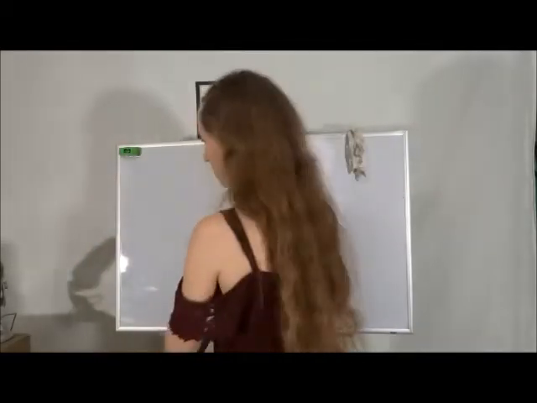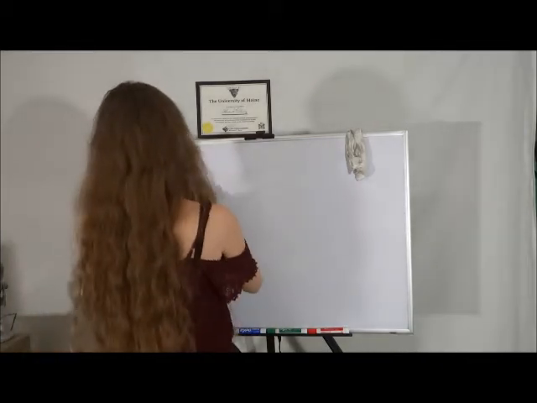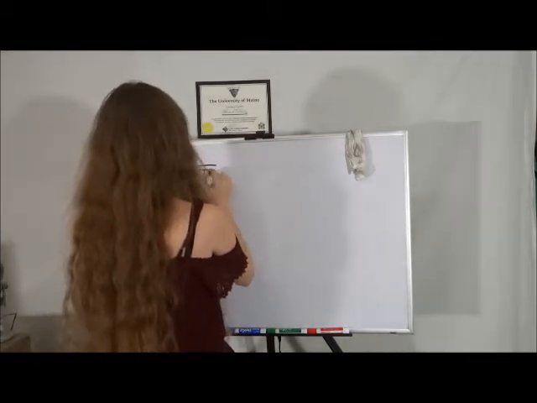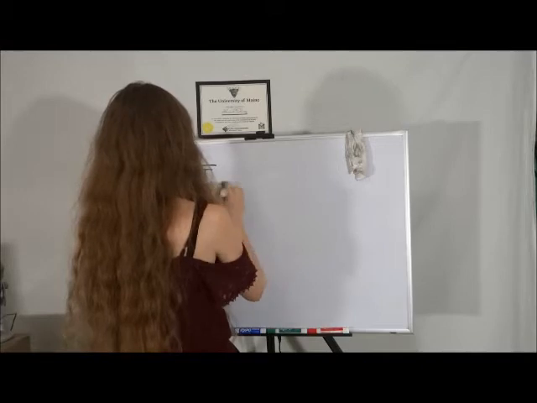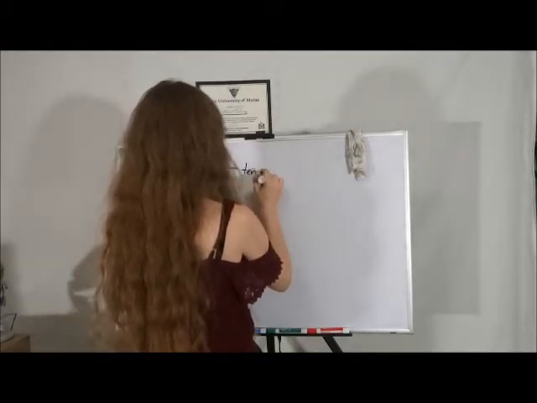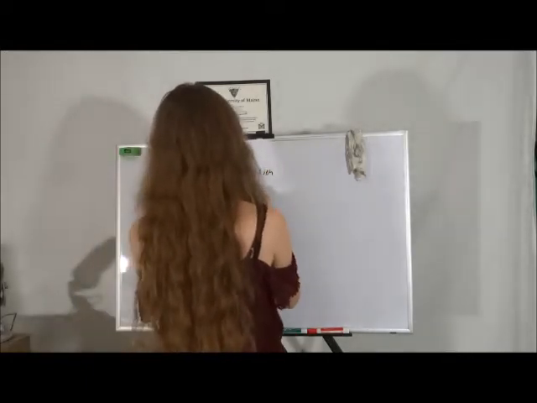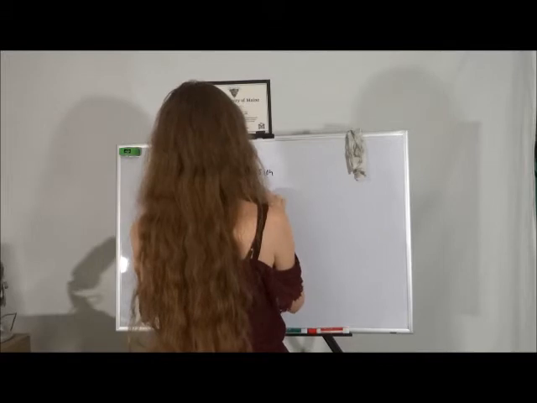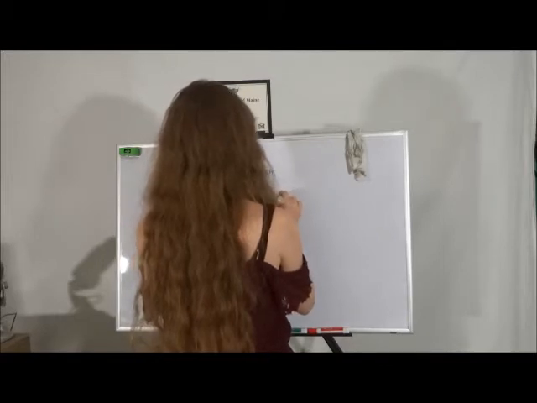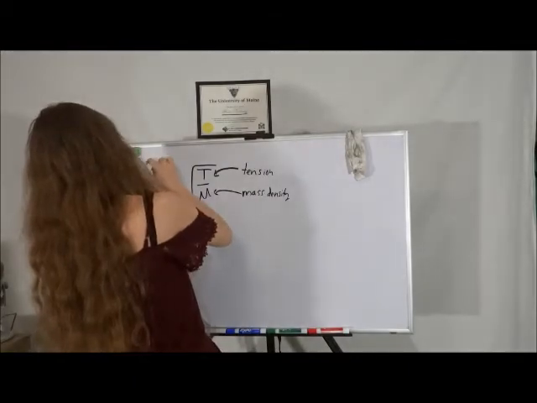So we have our speed v is equal to the square root of our tension divided by our linear mass density. So this T here is our old friend tension. Mu again is linear mass density, which I'll just denote as mass density here. And v is our speed.